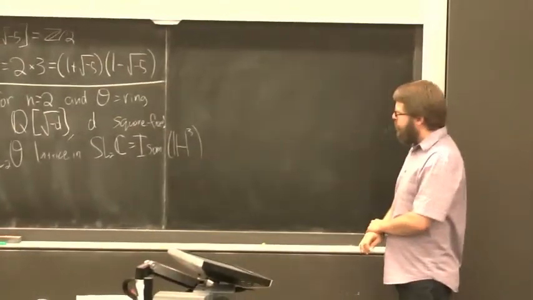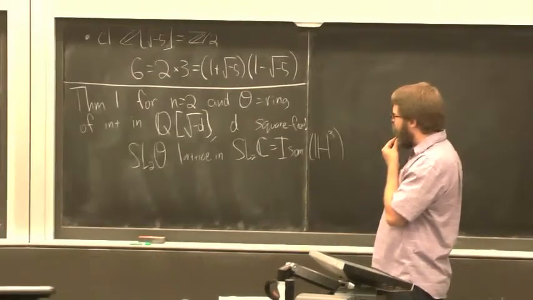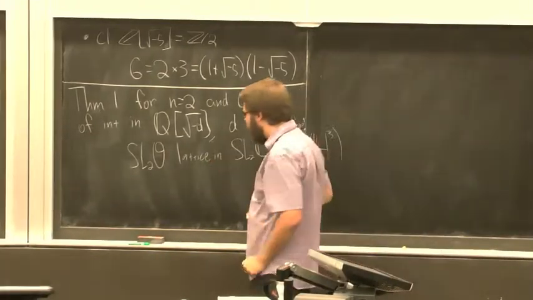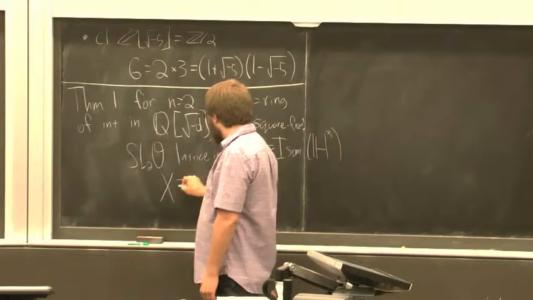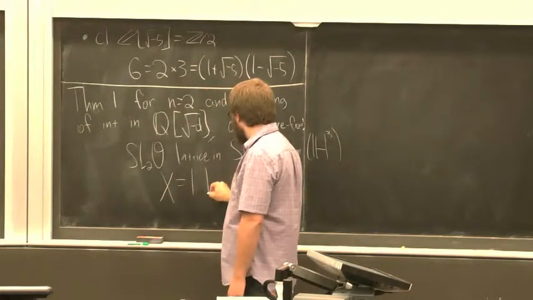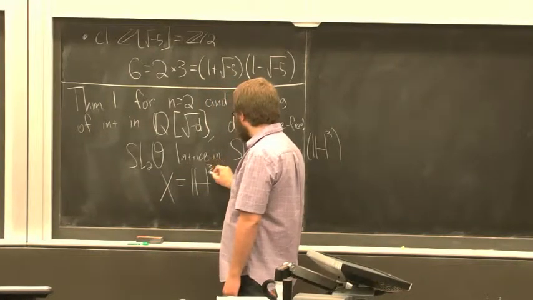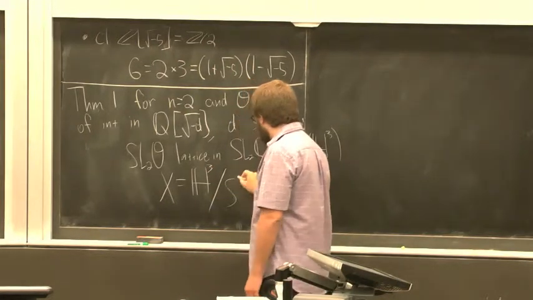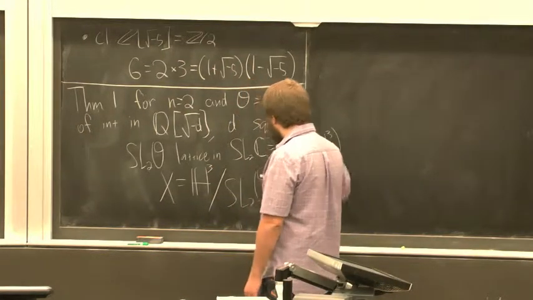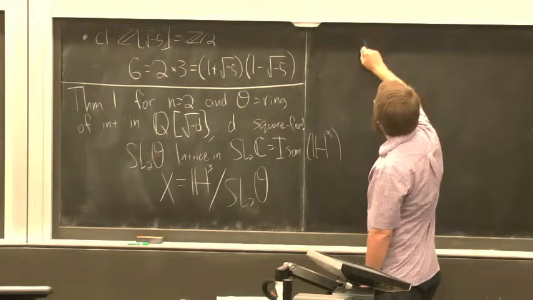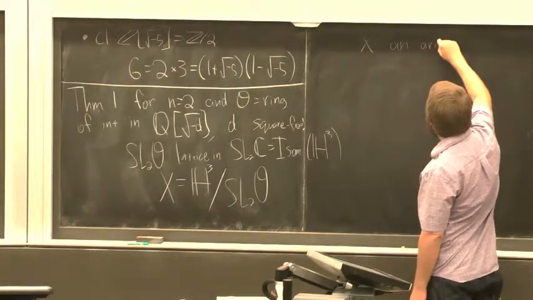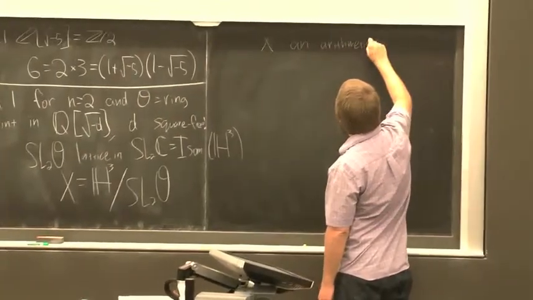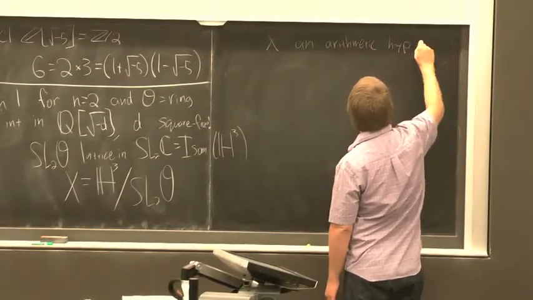So the associated locally symmetric space, our classifying space for SL2(O), is the space X, which I'm going to define as hyperbolic 3-space modulo SL2(O). So X is what's called an arithmetic hyperbolic 3-manifold.